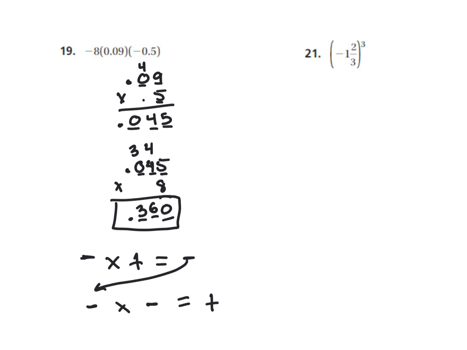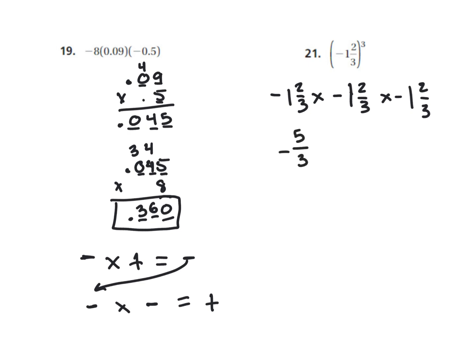Okay, for 21, it says negative 1 2/3 cubed. So we are really going to take negative 1 2/3 times negative 1 2/3 times negative 1 2/3. Let's turn 1 2/3 into an improper fraction. 1 times 3 is 3, and 2 is 5.